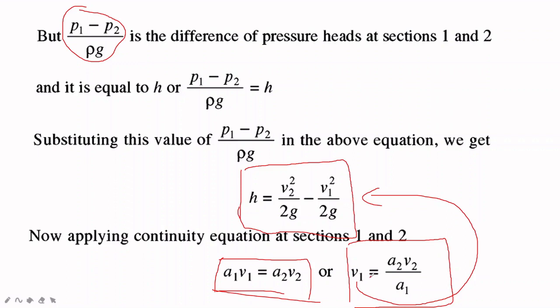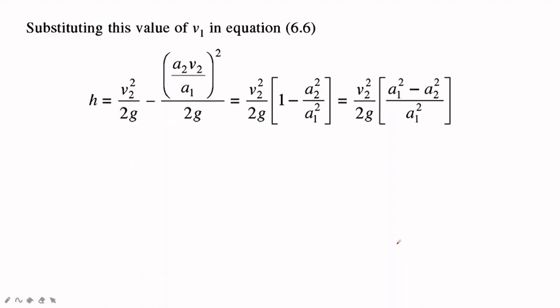Now this V1 we will substitute here in H is equal to V2 square by 2g minus V1 square by 2g. In the place of V1 we will write A2 V2 by A1. So substituting the value of V1 in the above equation, H is equal to V2 square by 2g minus, in place of V1 we put A2 V2 divided by A1, whole square, divided by 2g.